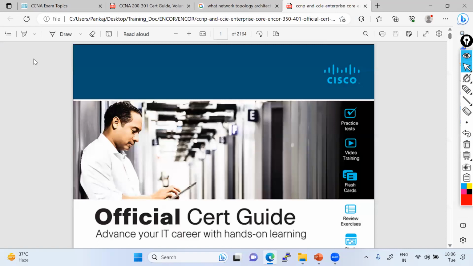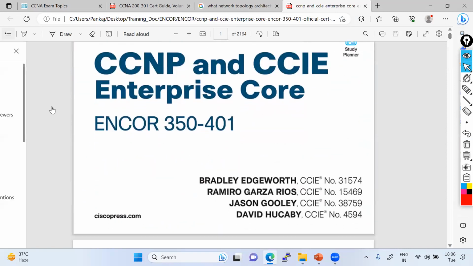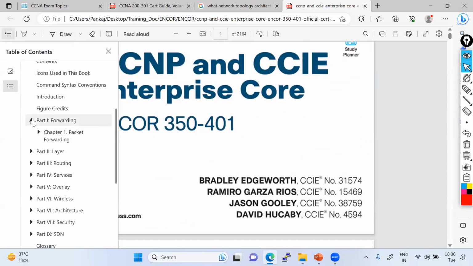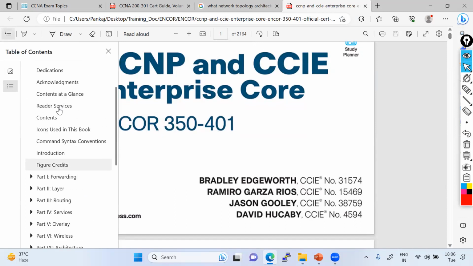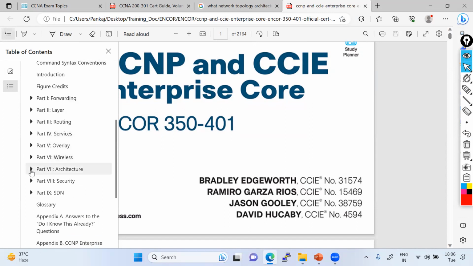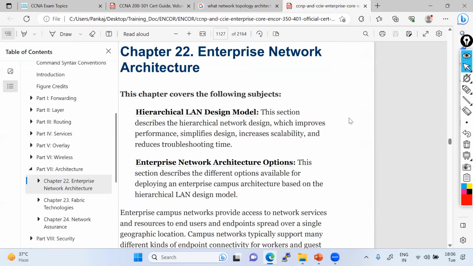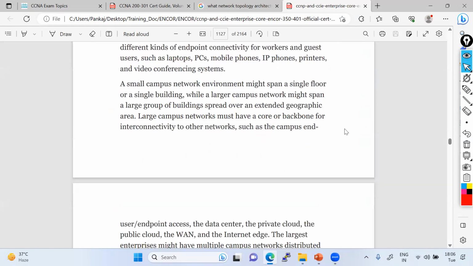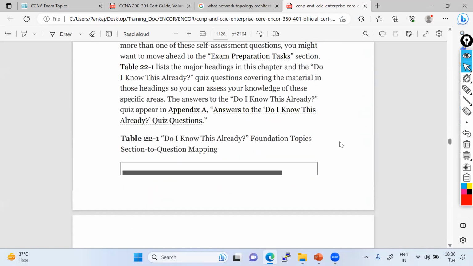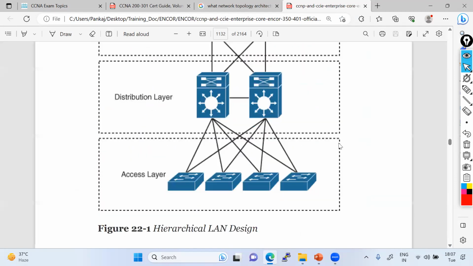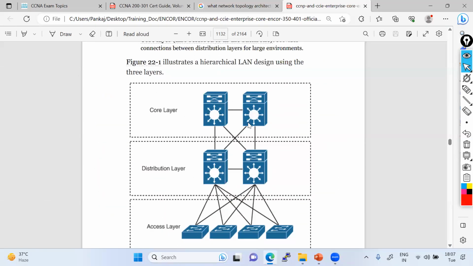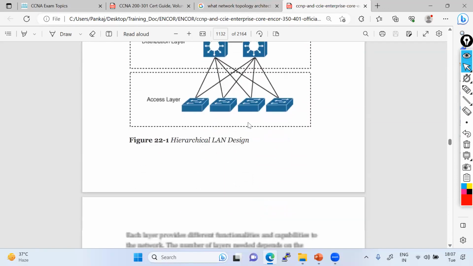So this CCNP ENCOR is going to be your next module, right? If you check the network architecture, you'll find a lot of diagrams where we are connecting different devices.